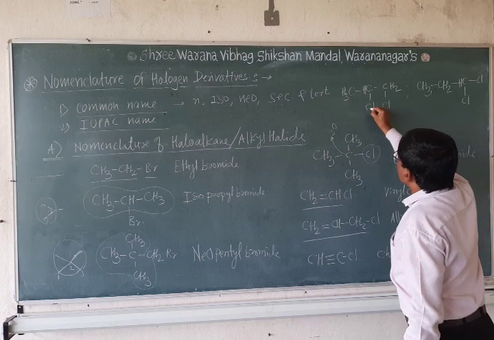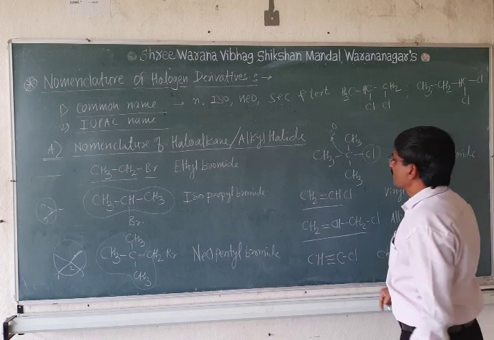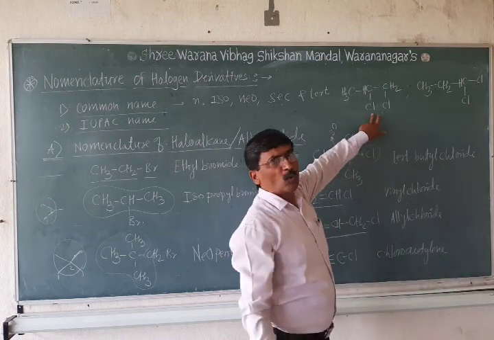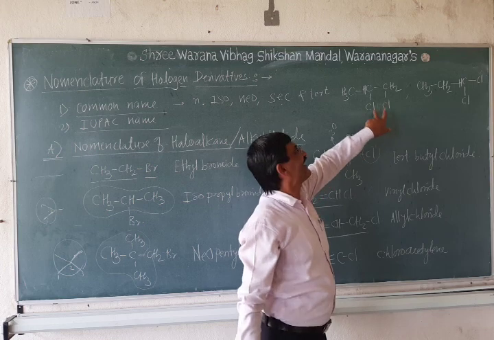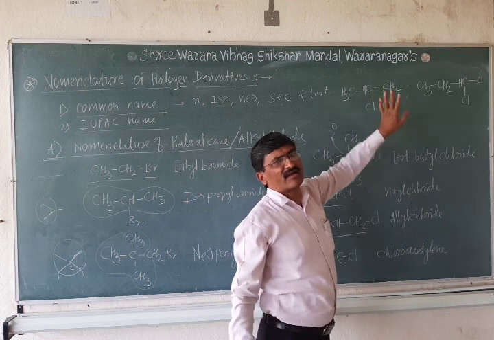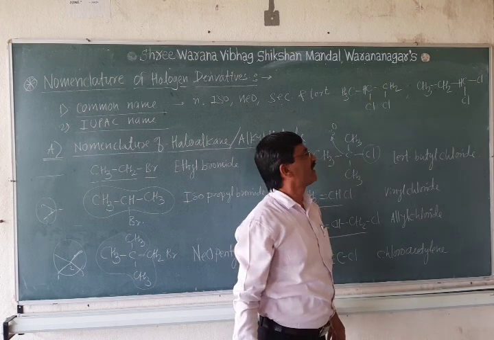Here, in this type of structure, dihalo means the dichloro group is there. Two chlorine atoms are attached to the adjacent carbon atom.